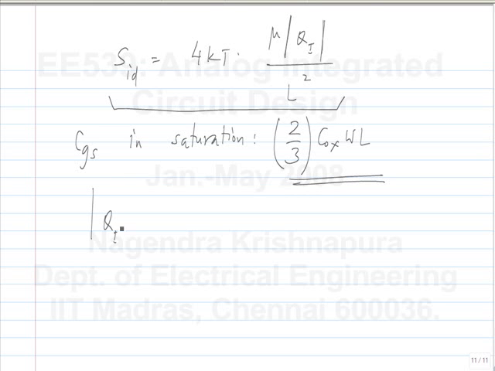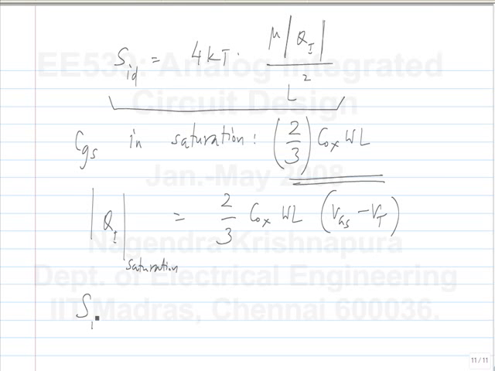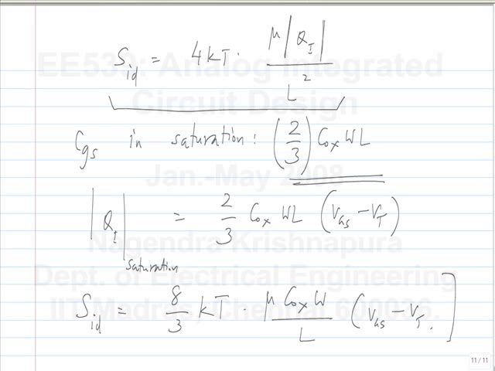So the magnitude of inversion charge in saturation is 2/3 COXWL times VGS minus VT. If I plug this into the expression for the spectral density of noise current, I get 8/3 KT mu COXW by L times VGS minus VT.